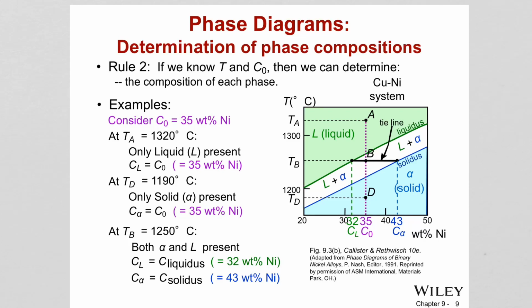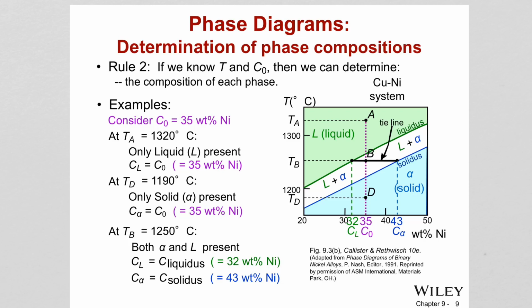Now let's take a look at how we can determine the phase compositions. If we know the temperature and the initial composition C0, then we can determine the composition of each phase.